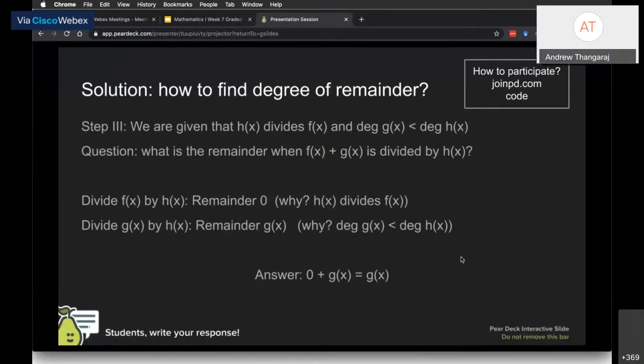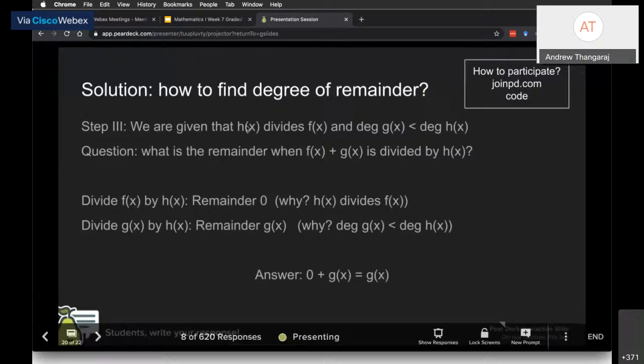Now, I have a question here for you. Additional question: supposing one of these conditions is not given. Let's say we are not given that degree of g of x is less than degree of h of x.